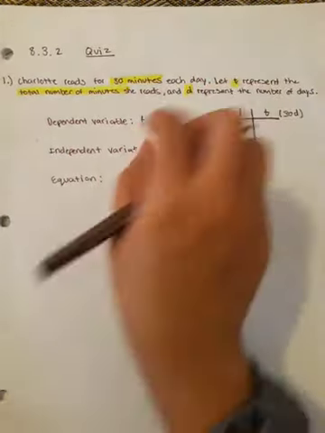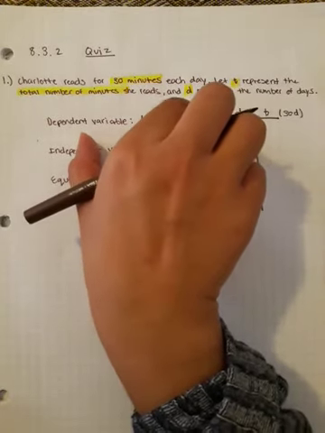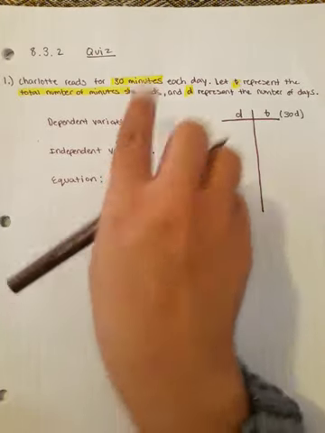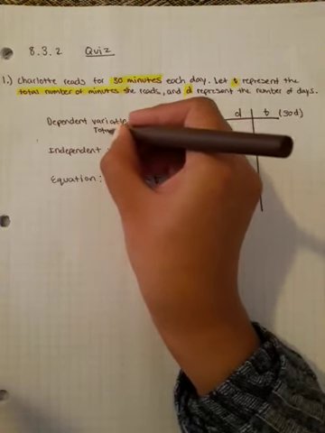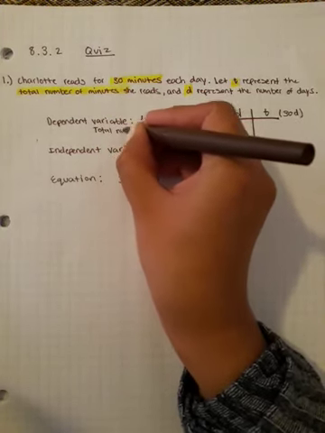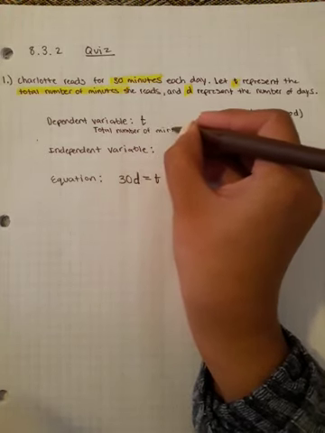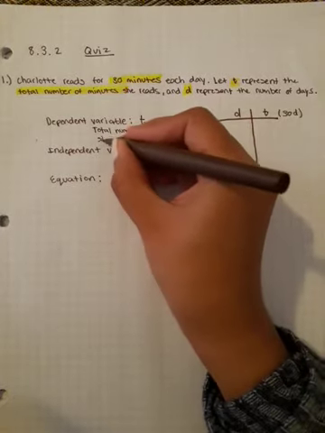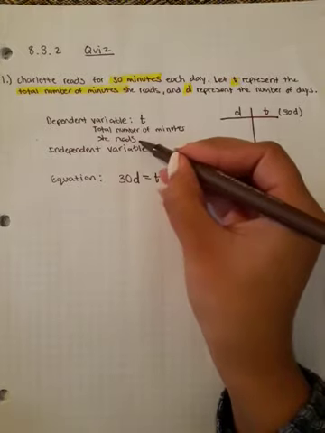So for here, you always want to write a little sentence of what the variable is representing and the letter. So dependent variable T, which is the total number of minutes she reads, period.